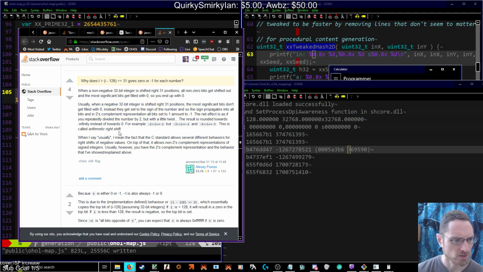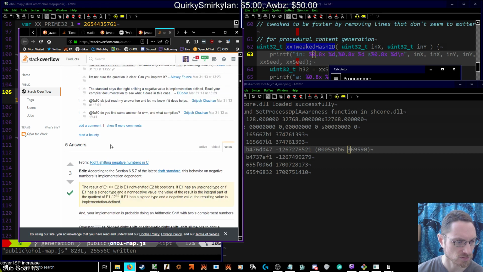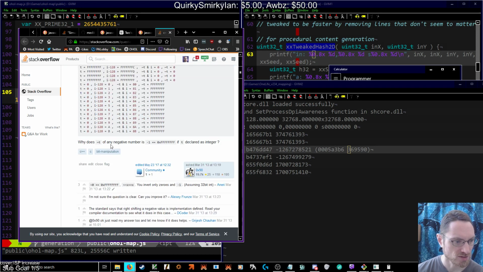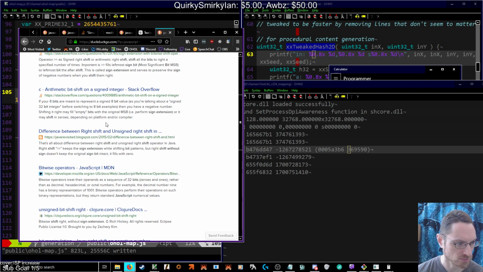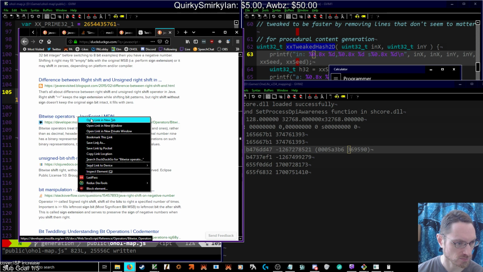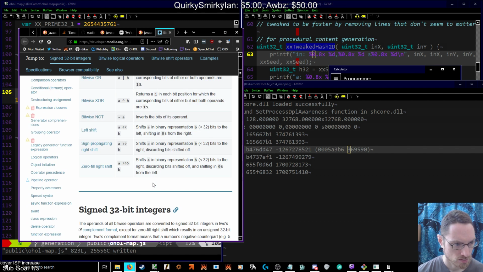Well, what language is this? This is C. Okay, we understand that. We need JavaScript. Shifting zeros. Zero fill right shift. It's a different operator.